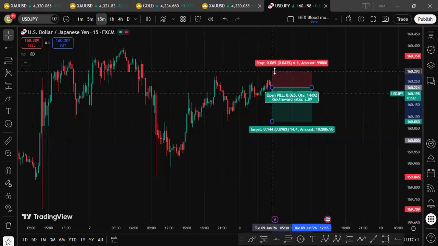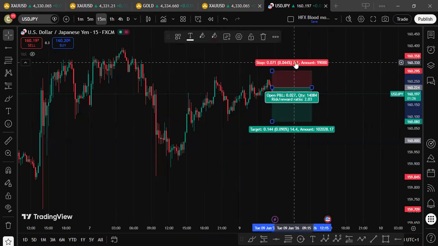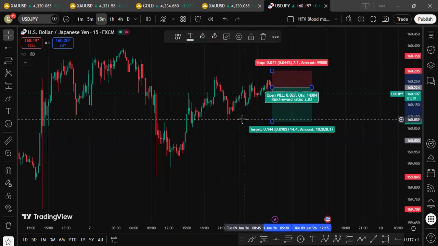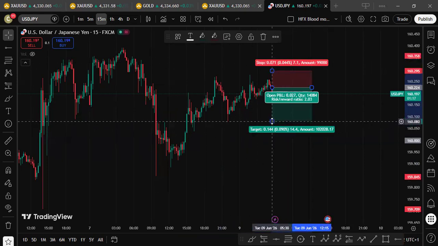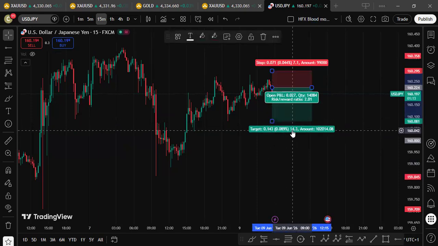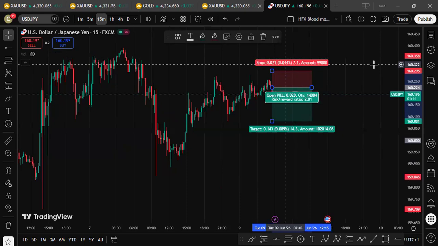That will be giving you a maximum of about 7 pips. And you are doing 1:2, so you are risking 7 pips for 14 pips. So 7 for 14.